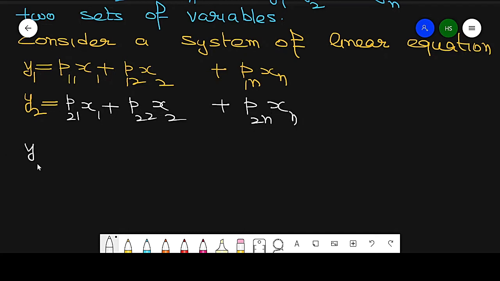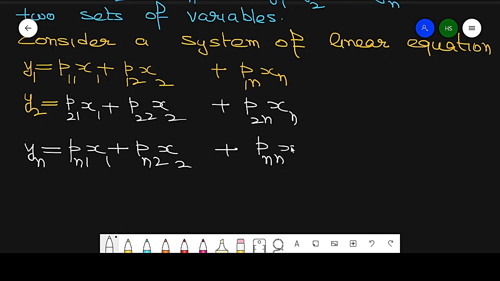And yn is pn1 x1 plus pn2 x2 plus up to pnn xn, these values.